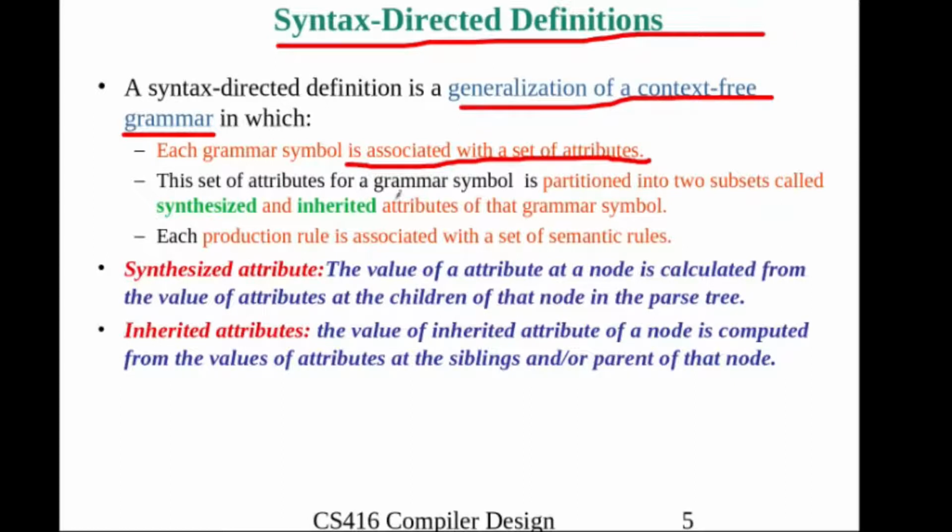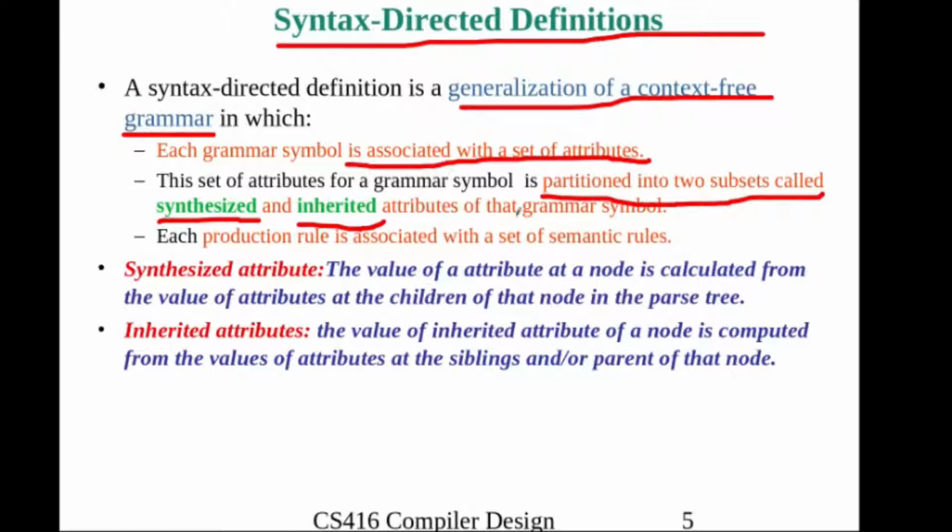The set of attributes for a grammar symbol is partitioned into two subsets. One is called synthesized attribute, and the second one is called inherited attribute.